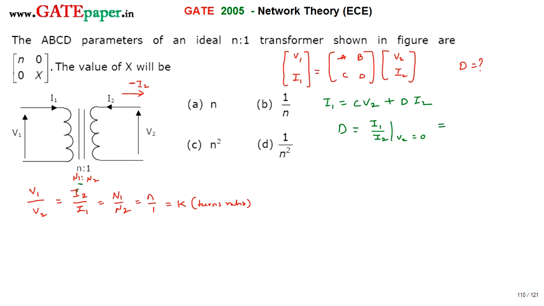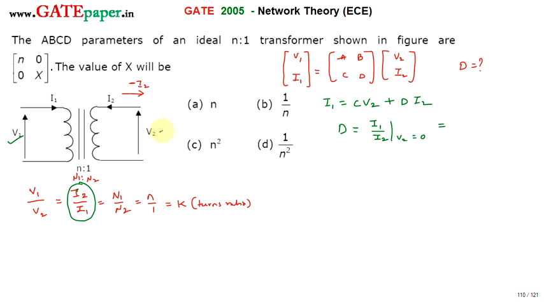We can get this I1 by I2 ratio from the transformer side. V2 equal to 0 means you are not applying any voltage on the secondary side. So you are simply applying voltage on the primary side. You are not applying any voltage on the secondary, but this will induce secondary voltage.